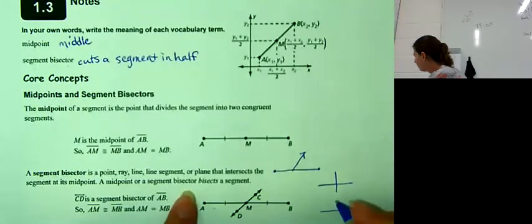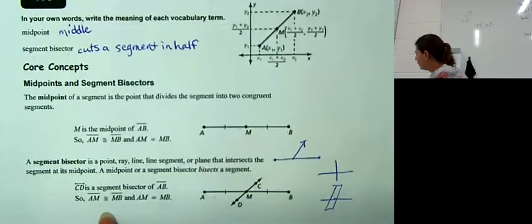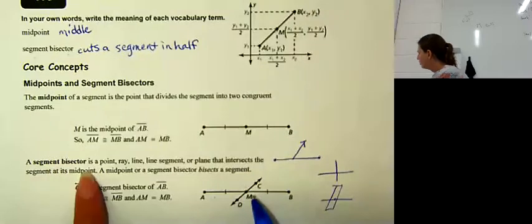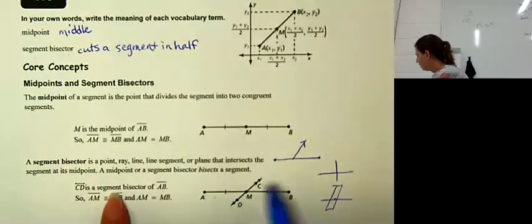Or we could even have a plane, except we don't do those very often. Okay? And it's the same principle. It cuts it in half. It's at its midpoint, but it is sometimes more than just a point when you divide a segment in two. So the segment bisector means you're dividing it by something other than a point typically.